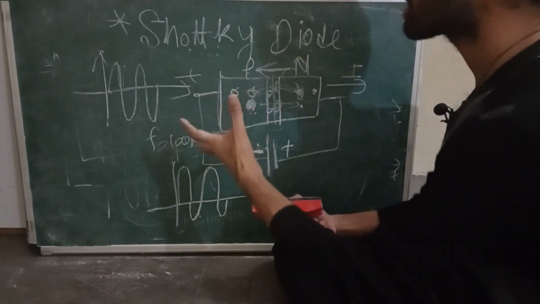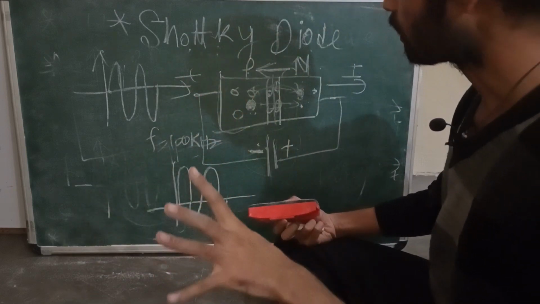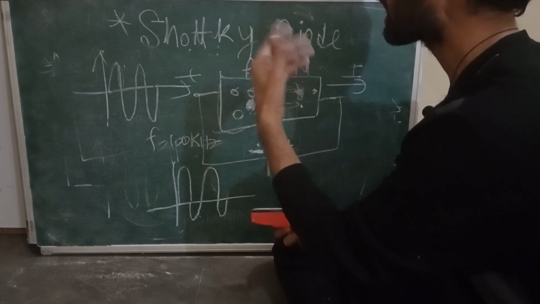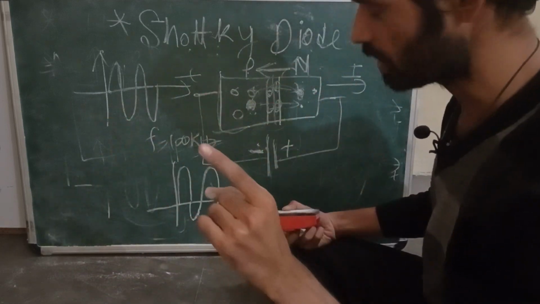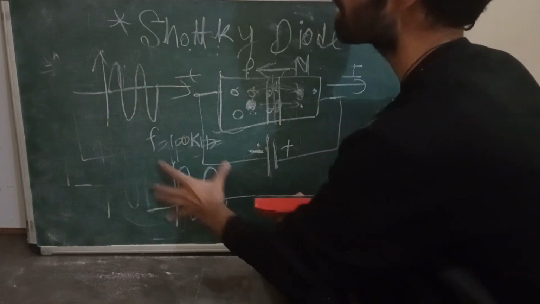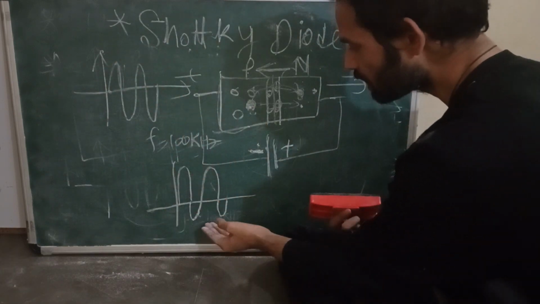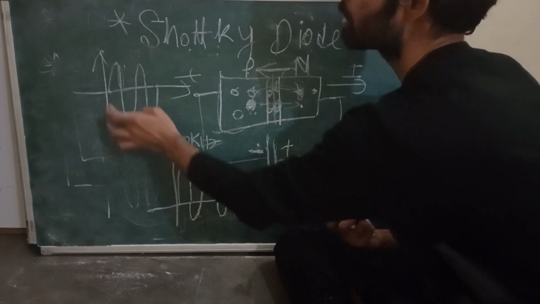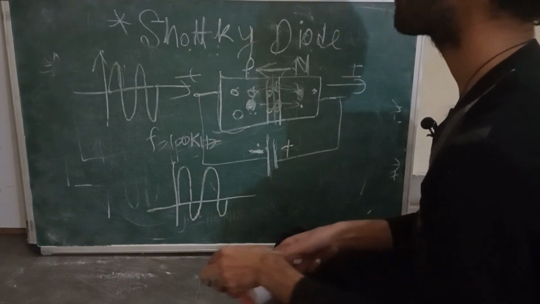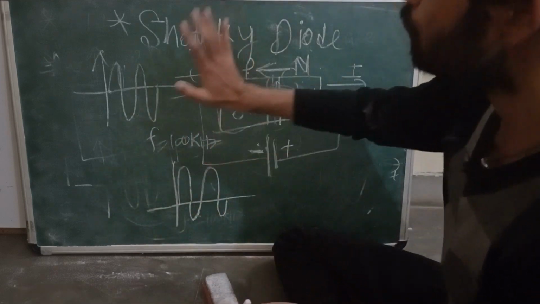It has majority charge carriers as well as minority charge carriers. During reverse bias, the time taken by the stored minority charge carriers is much larger than the time period of the high frequency signal. So it is still conducting during the negative cycle, and therefore we are unable to rectify the high frequency signal.